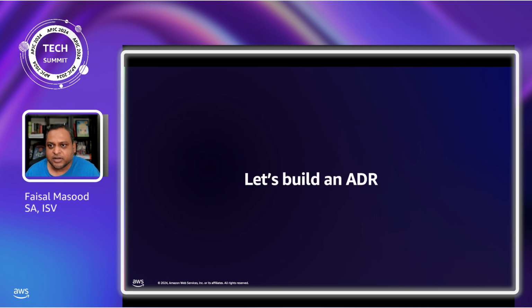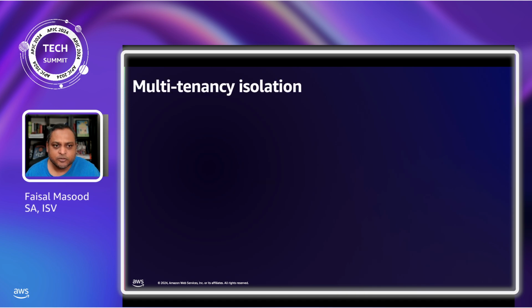So let's try to build an ADR first. When you're talking about Kubernetes, a lot of the time Kubernetes is going to host multiple applications for multiple teams. They may be trusted workloads, but the infrastructure would be shared across multiple teams.